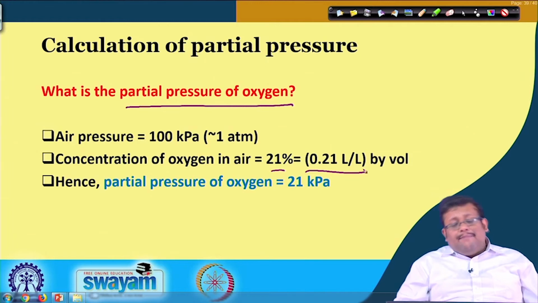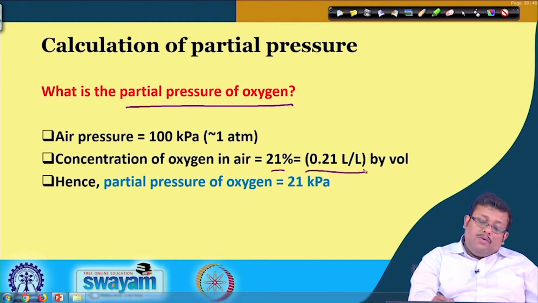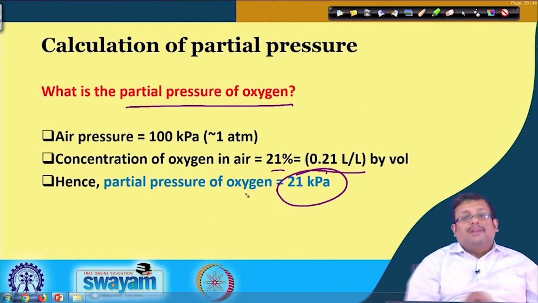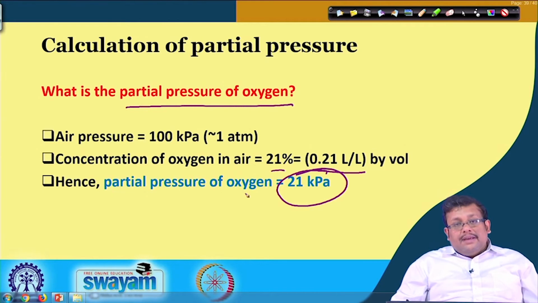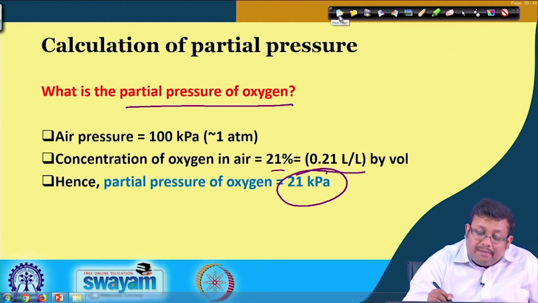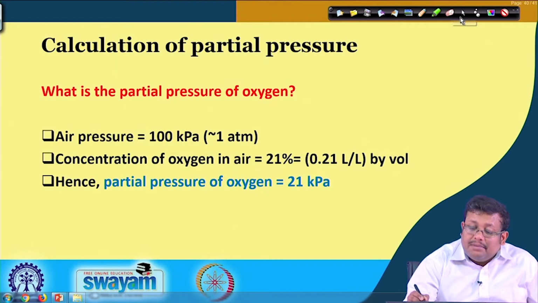So, the partial pressure of oxygen will be 21 kilopascal. This is how we calculate the partial pressure of a particular gas in a gaseous mixture.